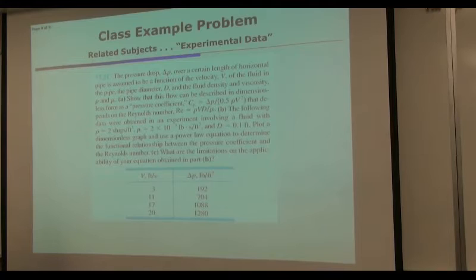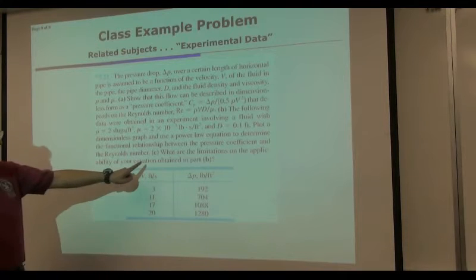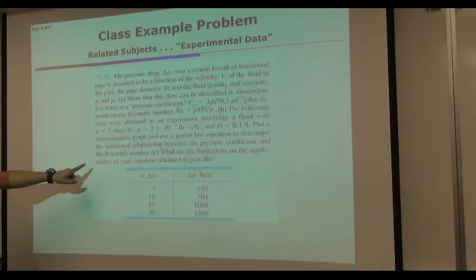Plot a dimensionless graph and use a power law equation to determine the functional relationship between the pressure coefficient and the Reynolds number. C. What are the limitations on the applicability of your equation obtained in part B?